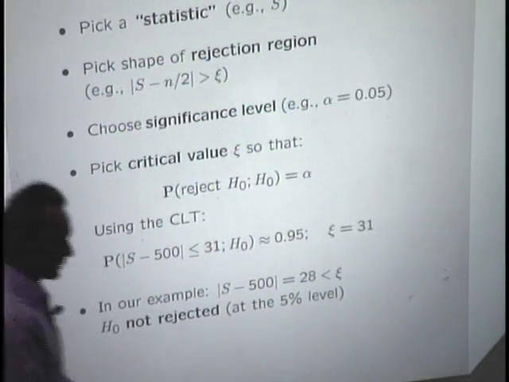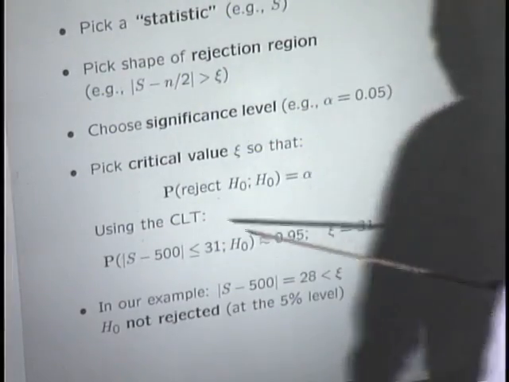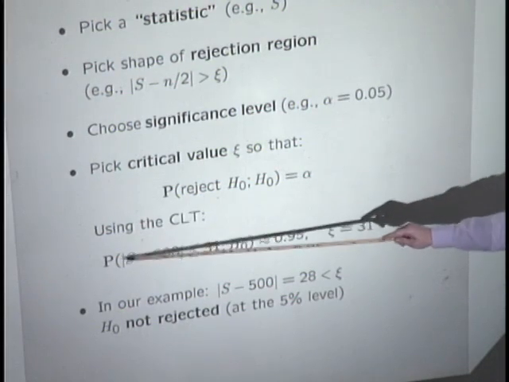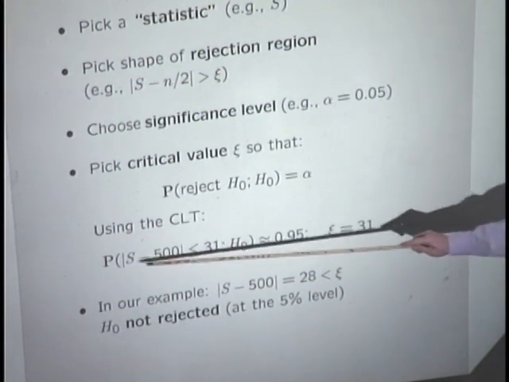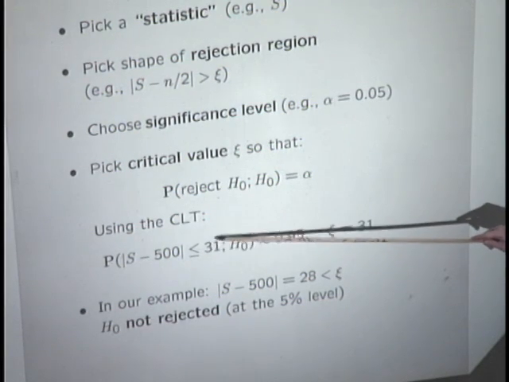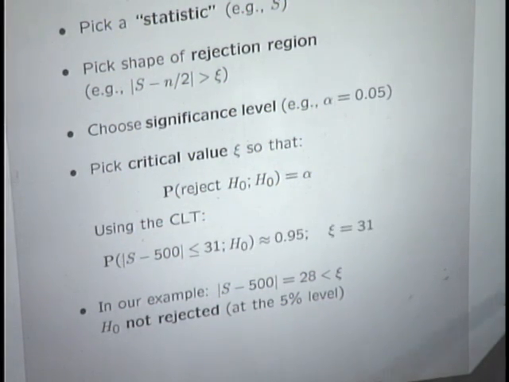So this is an equality that you can get using the central limit theorem and the normal tables. There's 95% probability that the number of heads is going to be within 31 from the correct mean.